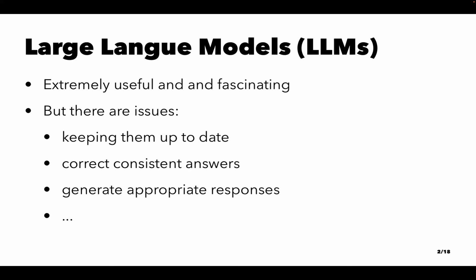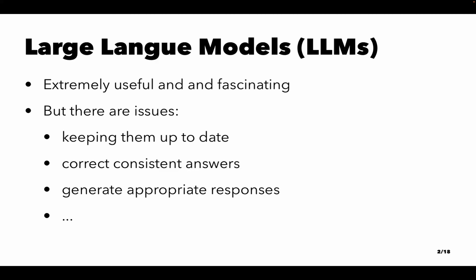Another problem is generating appropriate responses when interacting with humans. So the problem of putting them in production is that one needs some kind of guardrails to make sure they're not doing something damaging. And this area of machine learning is called alignment, right?